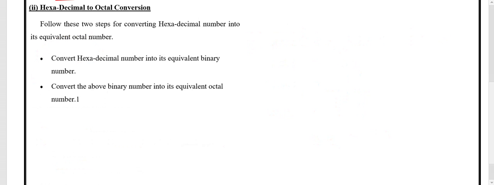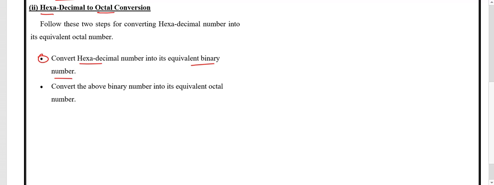Now we will discuss how to convert a hexadecimal number into octal. In a similar manner as we discussed previously for octal to hexadecimal, here also the direct conversion is not possible.